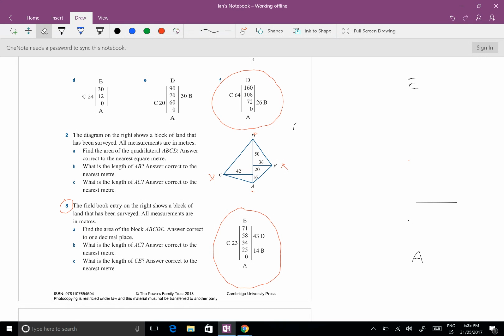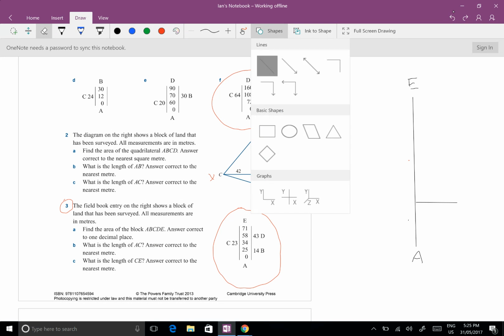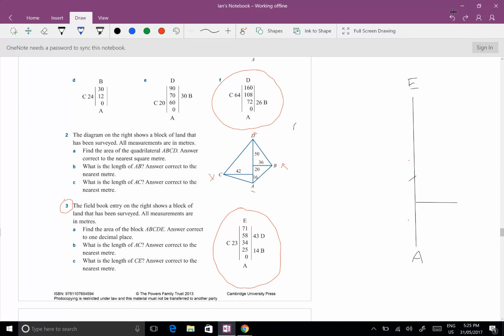Let's get this one again, and it's a bit longer. I haven't drawn that very well, but it doesn't matter. I'm going to stick with it.